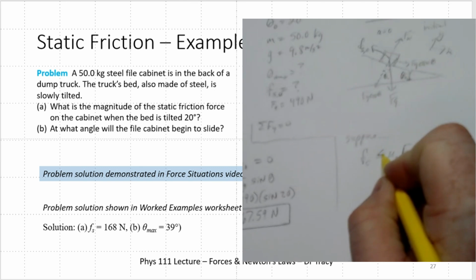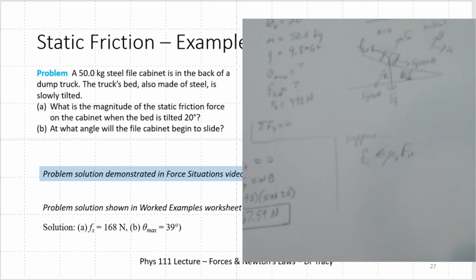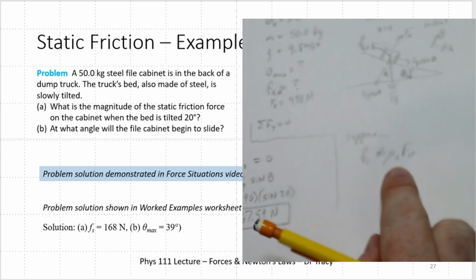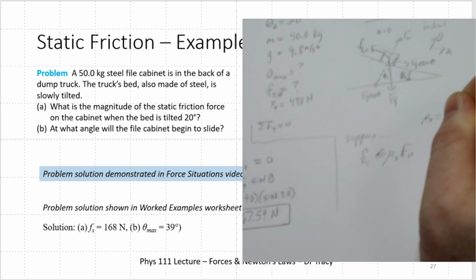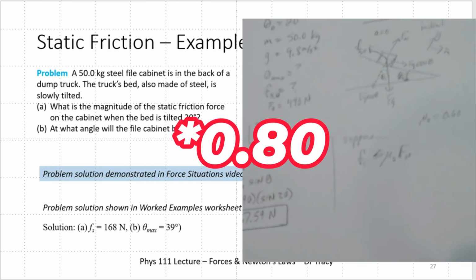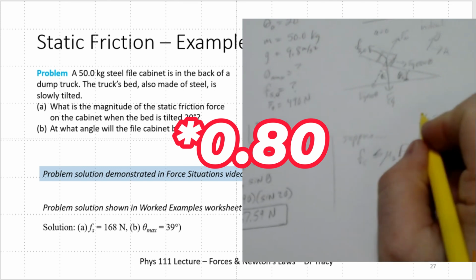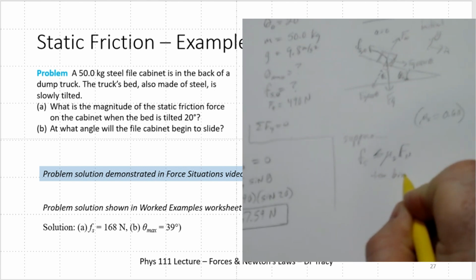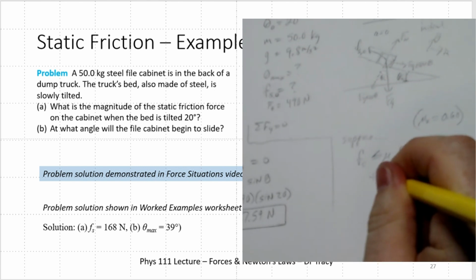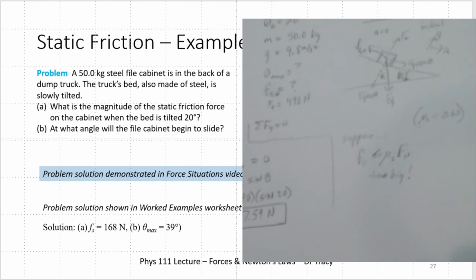Remember that the static coefficient of friction is a range. It's less than or equal to. So we have a friction force here, 167, and when we punch in mu sub s for steel on steel, which is 0.60 units, this won't work, because this is the maximum static friction.